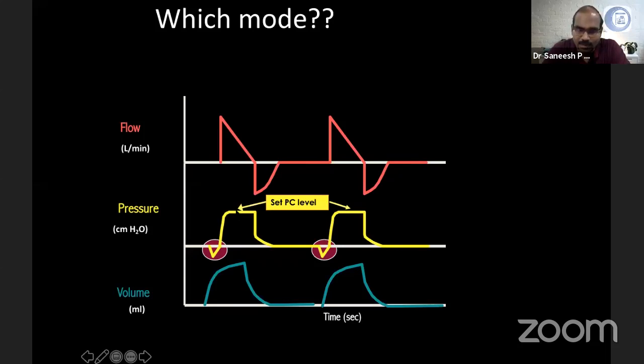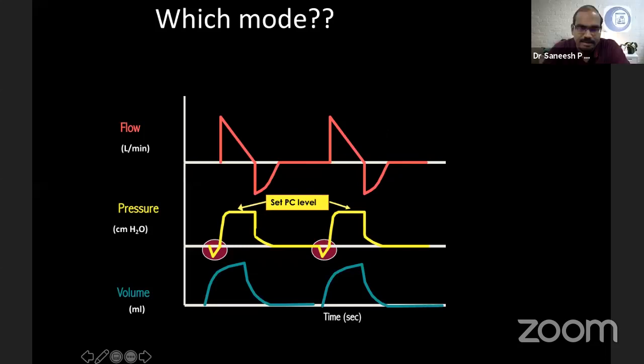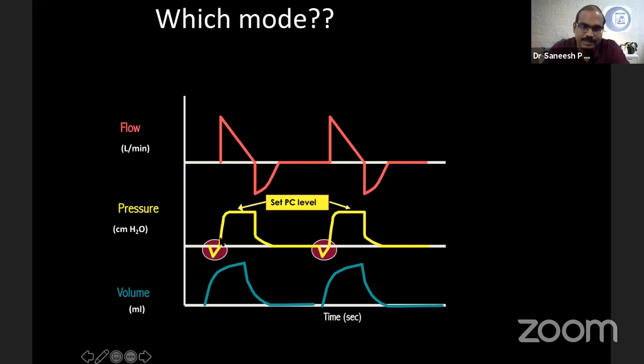Then it holds on for some time till cycling occurs. Okay? Yes. Then what follows is the exhalation phase, expiration phase. Volume also you can see is gradually building, towards the end it reaches the maximum, and then decelerates. Okay, so the first breath is an assisted pressure control breath.